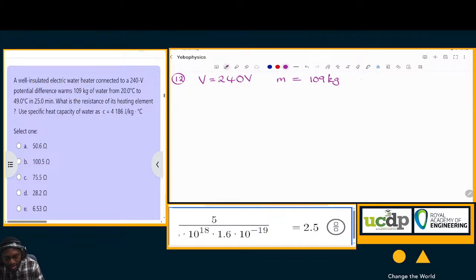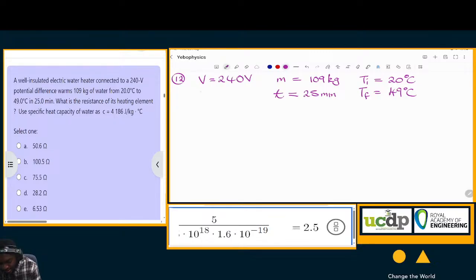We're given the initial temperature, which is 20 degrees Celsius. Then we're given the final temperature, which is 49 degrees Celsius. So temperature did increase. And we're also given the time taken, which is equal to 25 minutes. What is the resistance of its heating element?